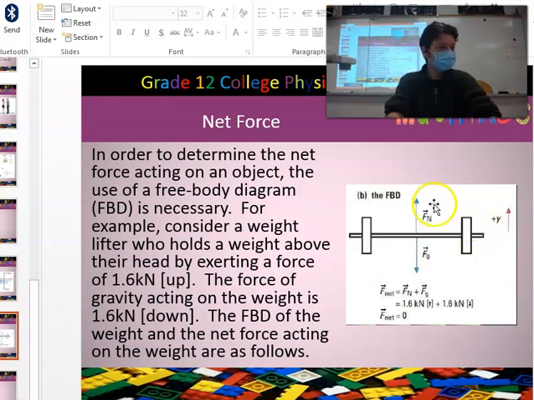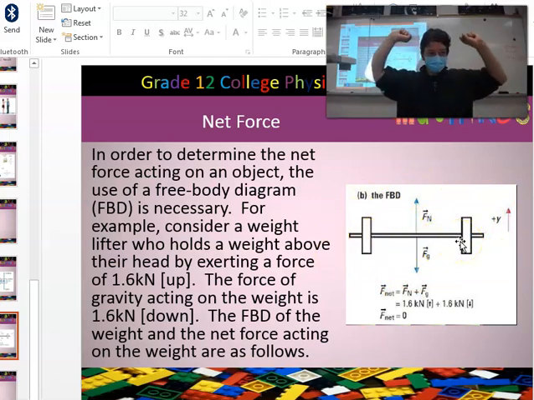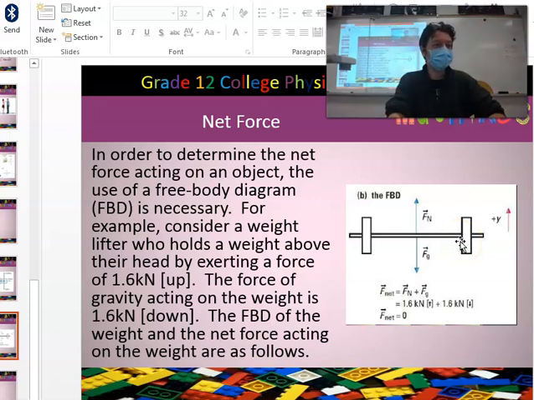So here's an example. Let's say we have this weight, and if they're holding the weight above their head, well, we're going to have some normal force, or you can call that an applied force as well if the person is holding it up there, and some force of gravity.